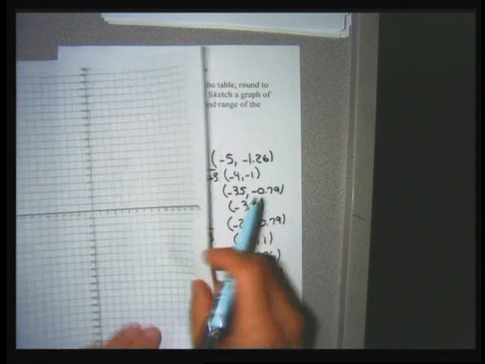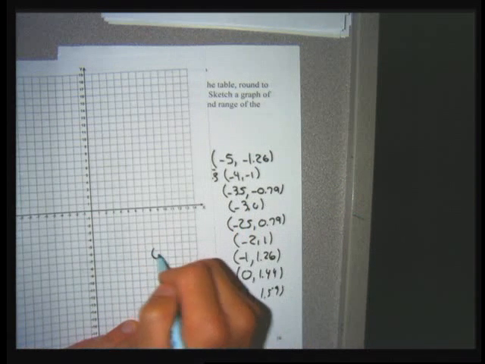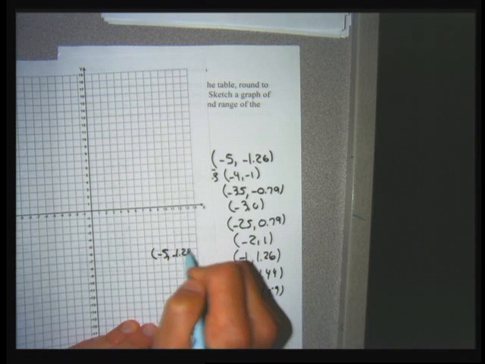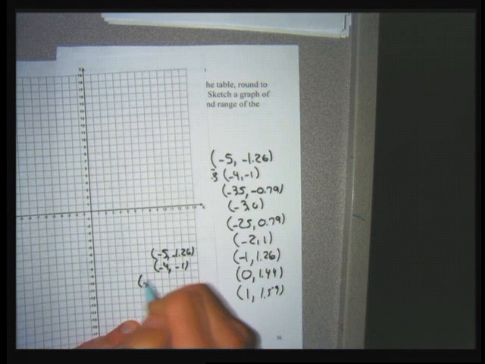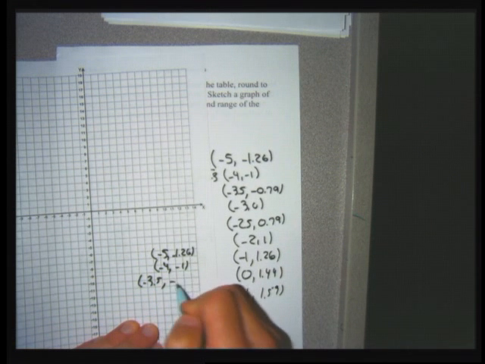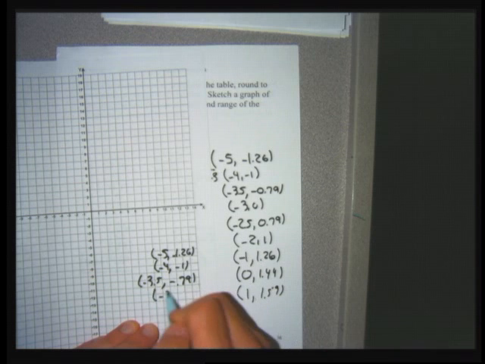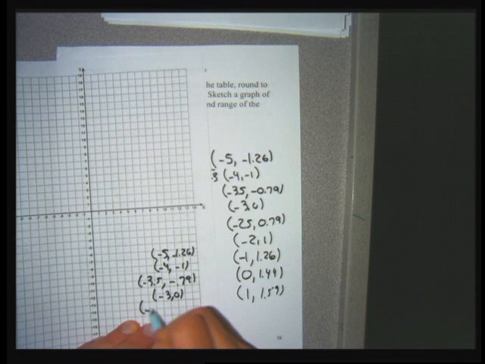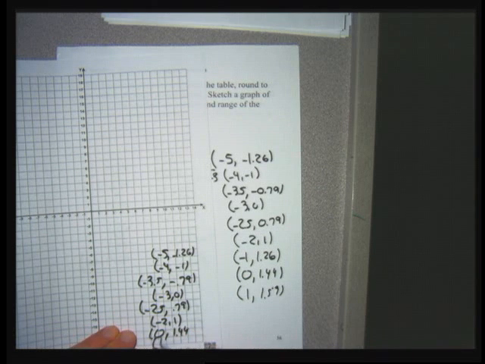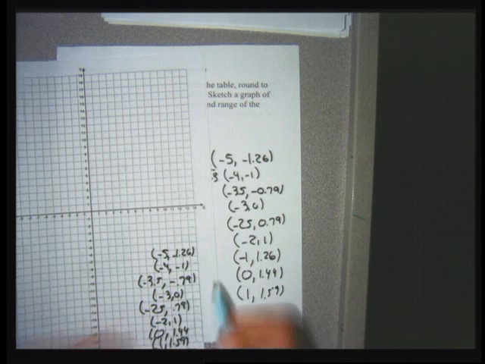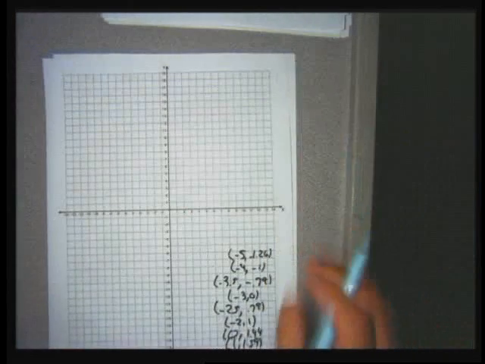The points I'm going to plot are negative 5, negative 1.26, negative 4, negative 1, negative 3.5, negative 0.79, negative 3, 0, negative 2.5, positive 0.79, negative 2, 1, 0, comma 1.44, 1, comma 1.59. I'm not plotting the point 100, 4.69, but I could if I really blew this up.